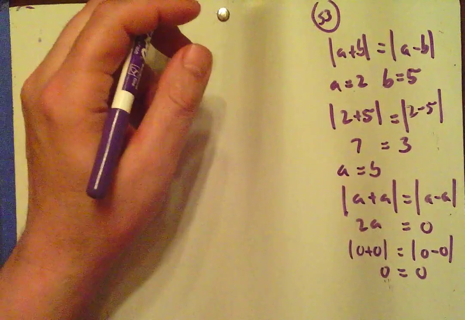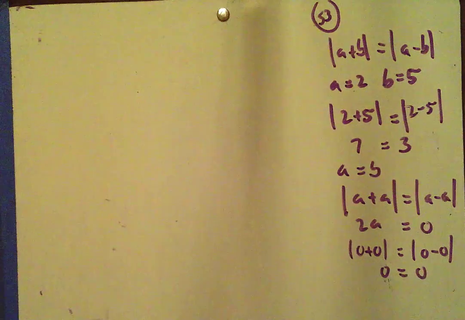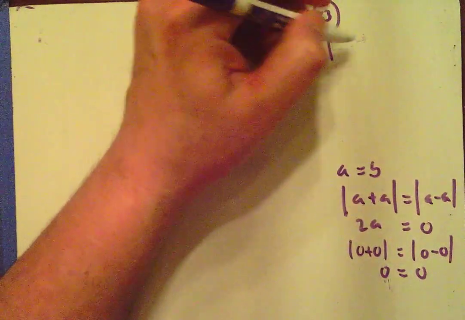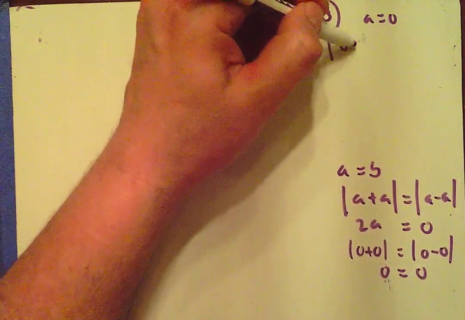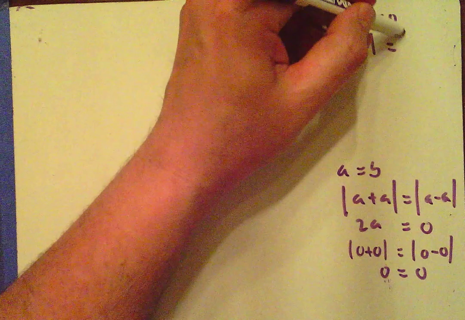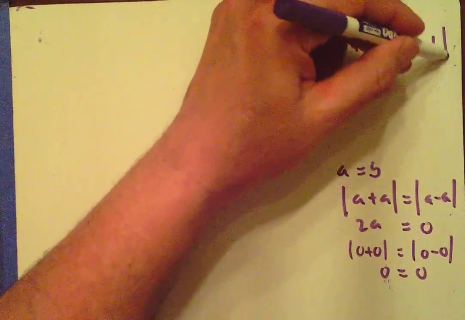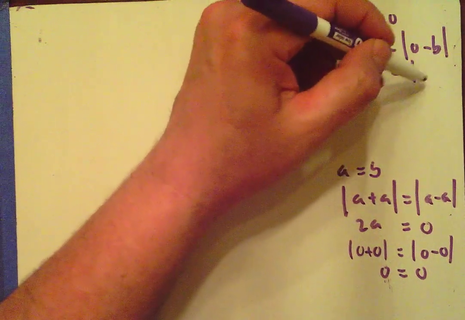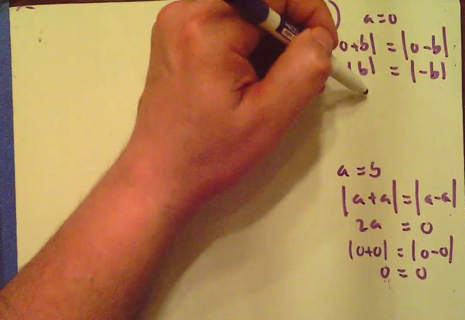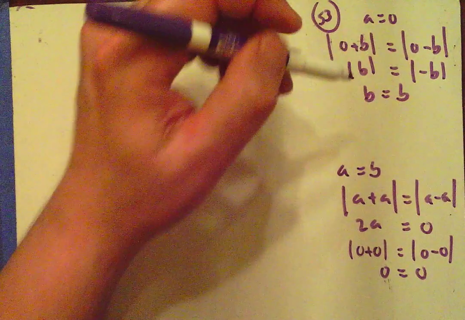What happens if we make only one of them 0? Let's say A equals 0. We would have 0 plus B equals 0 minus B. And this would be the absolute value of B. This would be the absolute value of negative B. Ooh, that's B equals B.